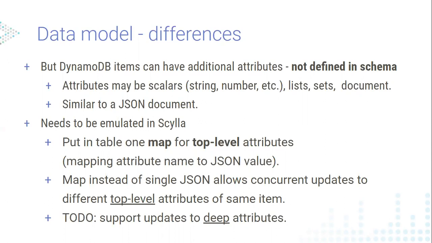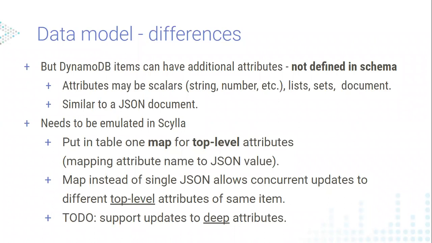structure, and this is not something which Scylla was originally designed for. So we had to emulate this in the data model that Scylla does have. What we do is we put inside each item, which in Scylla is called a row, a map, and the map maps between top-level attributes and the value, which is a JSON subdocument.